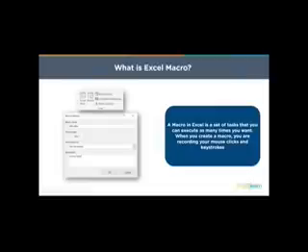Now, the next thing is how you actually activate the macros in your Excel. It's a simple tab that you need to add in the ribbon section, which I'll be showing you, and this will enable the macros on your Excel. So you go to File, go to Options, and then you need to customize the ribbon.